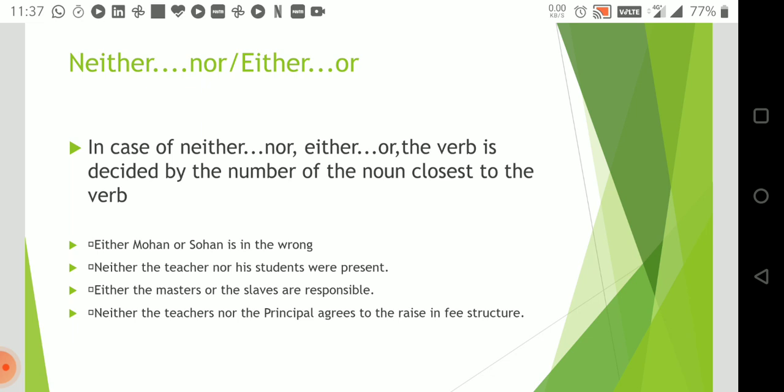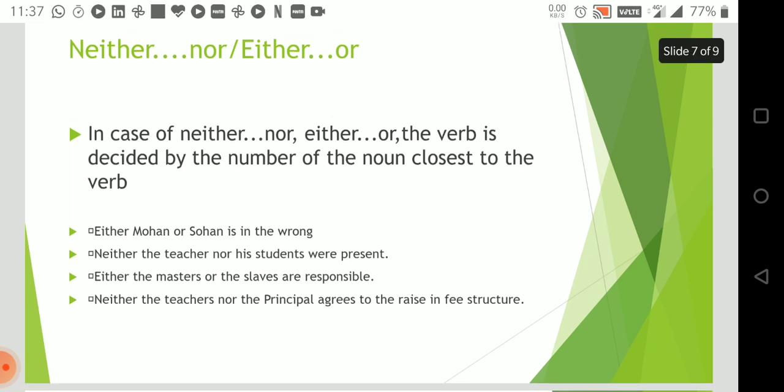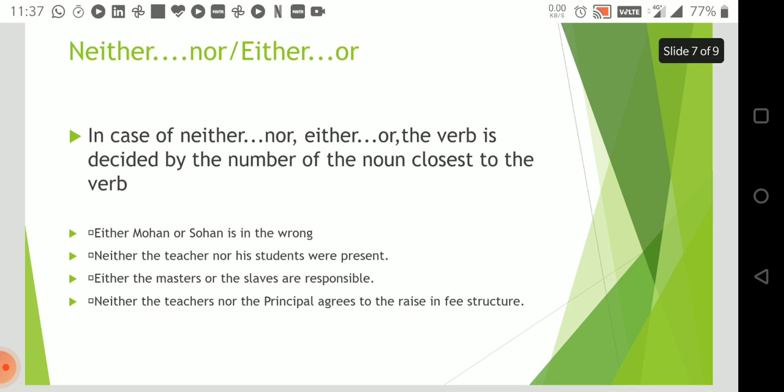On the other hand, let's consider another example. Either the masters or the slaves are responsible. In this, masters and slaves both are plural, but the noun closest to the verb is considered while deciding the verb.